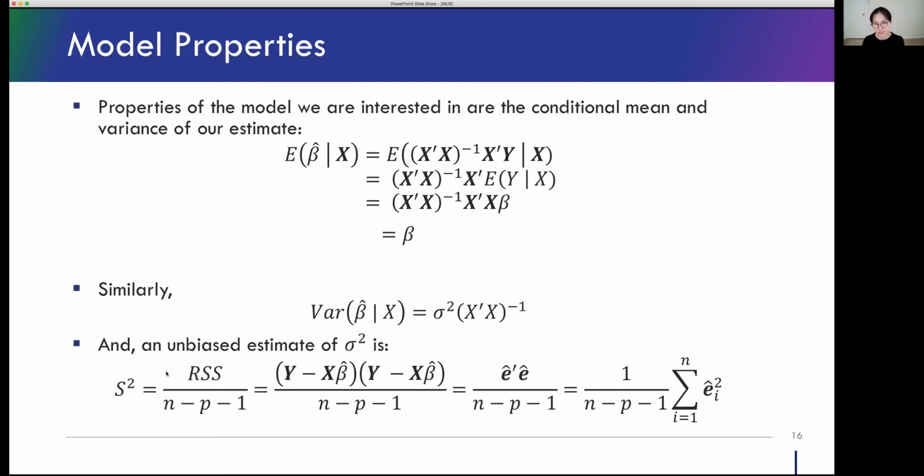So this is basically the very general form: when you try to get an unbiased estimator, you use the residual sum of squares divided by its degree of freedom.